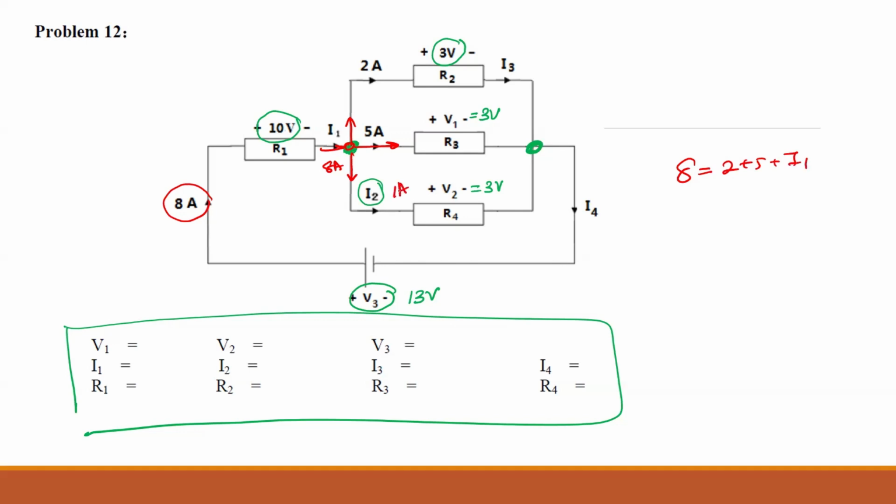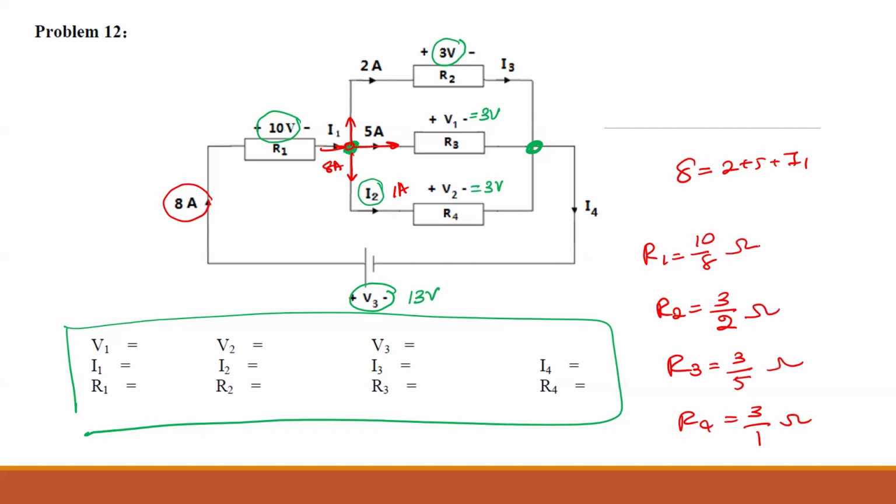Okay, now you can find resistors very easily, which is R1 is 10 over 8, R2 is 3 over 2, R3 is 3 over 5, R4 is 3 over 1. Am I right? Yep. It's good. Any question?